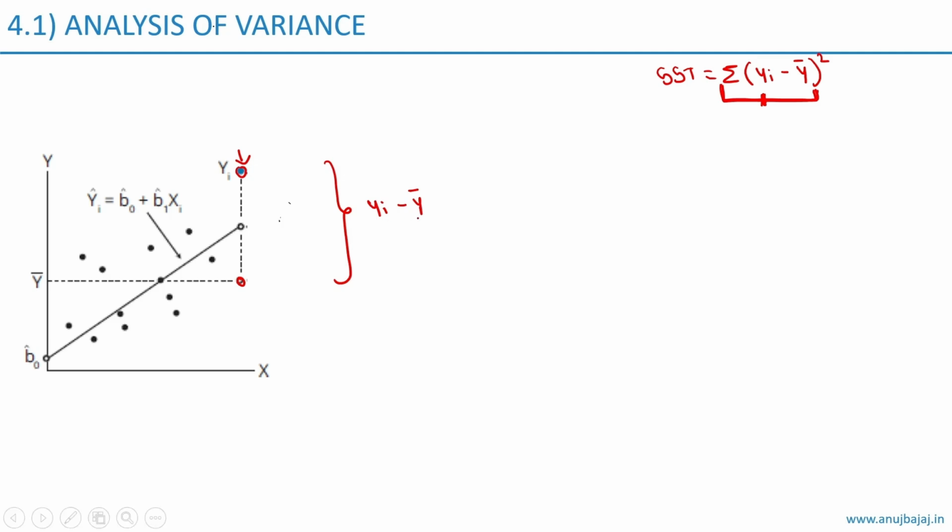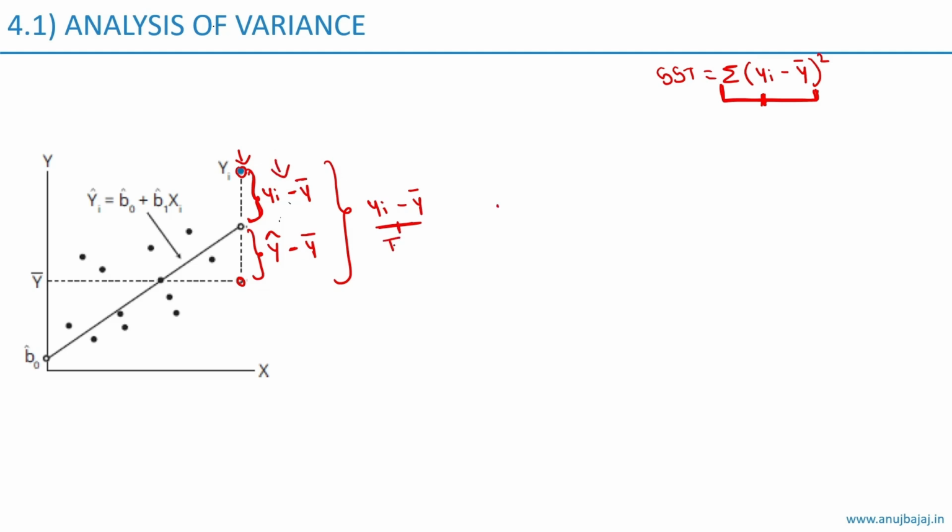So out of the total variation that we want to explain, this much variation is explained by the linear regression model, and this much variation still remains unexplained. So of the total variation, we were able to explain this much variation, which is y hat, the predicted value, minus the average value, and this much variation still remains unexplained, which is the actual value minus the predicted value. This is nothing but the error term.